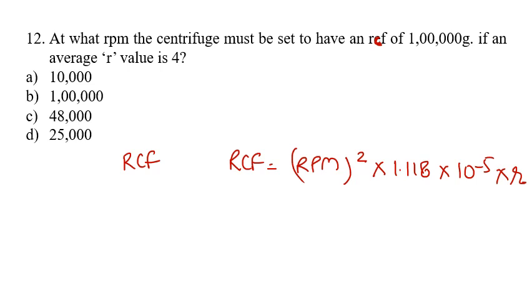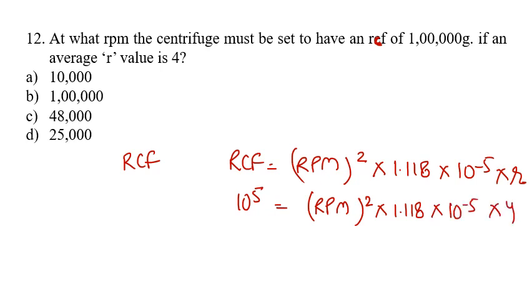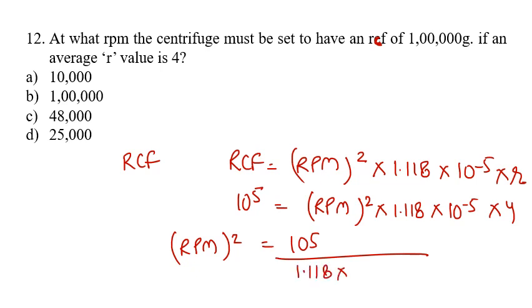So here we can see that RCF is equal to 10 to the power 5, RPM squared into 10 to the power minus 5, and R value is 4. ठीक है. So from here RPM squared would be 10 to the power 5 divided by this. ठीक है.